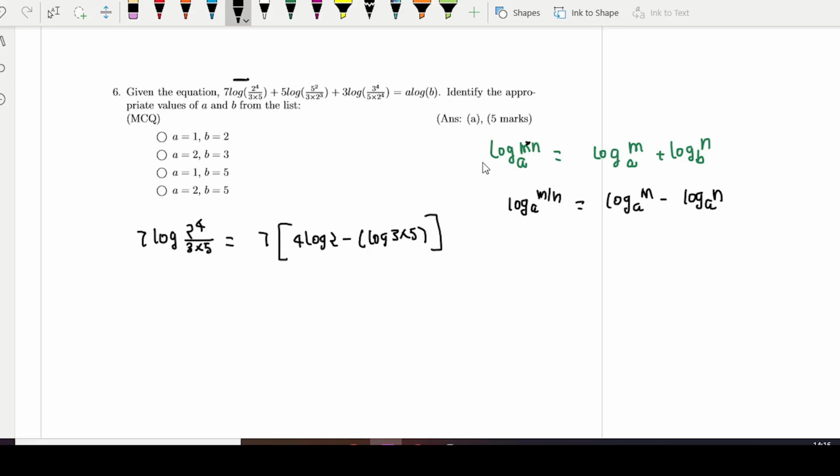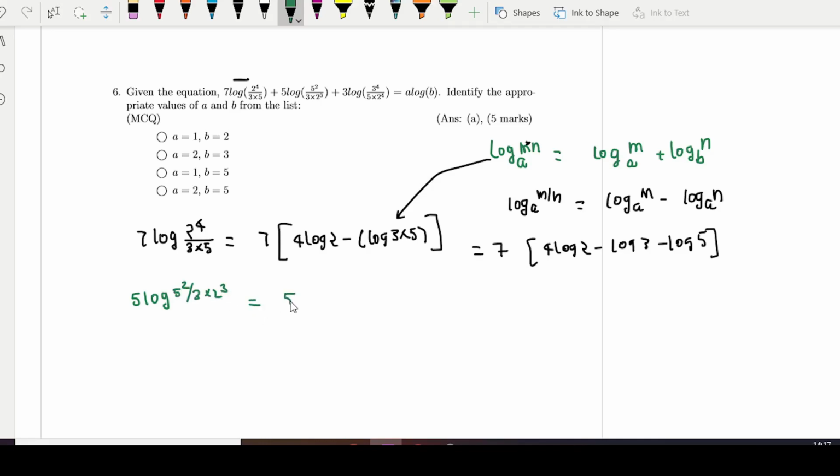Then we apply this property here, so it will finally be 7 [4 log 2 minus log 3 minus log 5]. In a similar way we will write log of 5 squared divided by 3 times 2 cubed, which is equal to 5 times [2 log 5 minus log 3 minus 3 log 2].